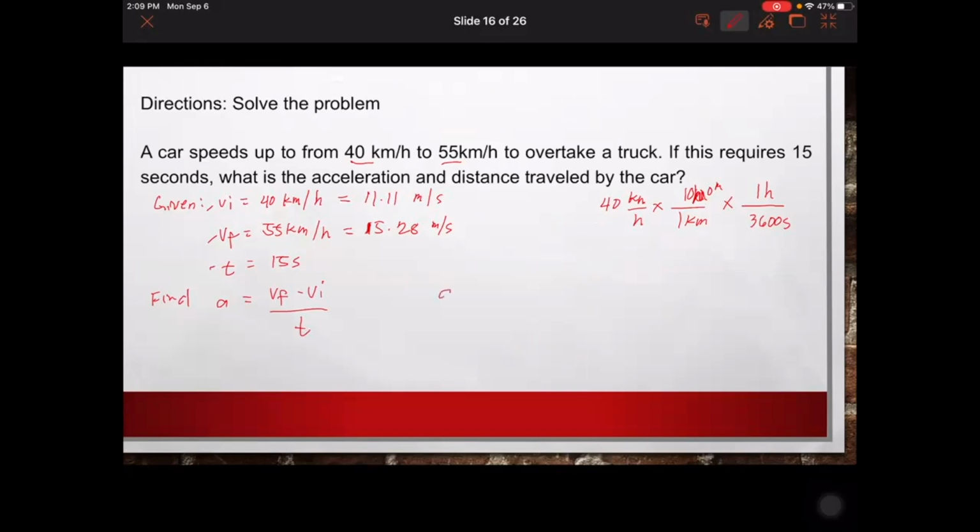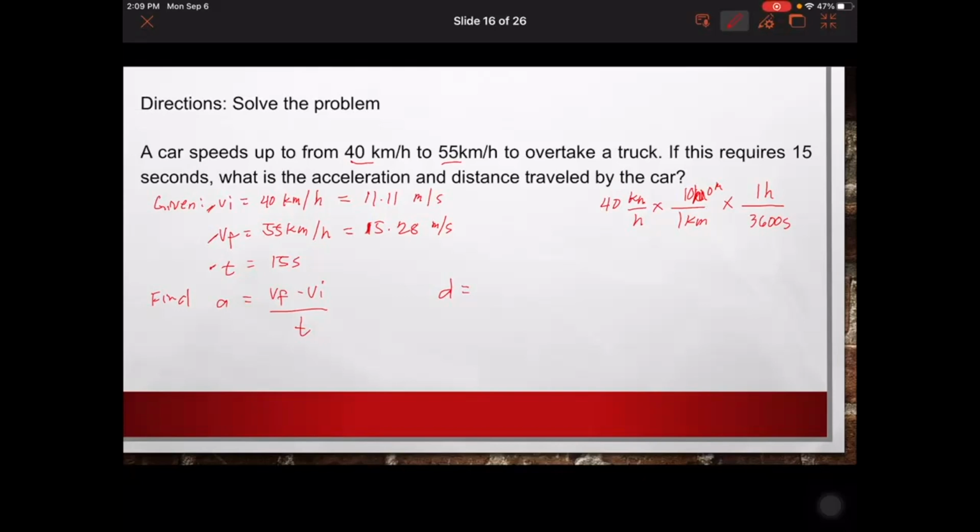How to find for the distance? What formula are you going to use to find for the distance, given ang VI, VF, and T? Anyone?